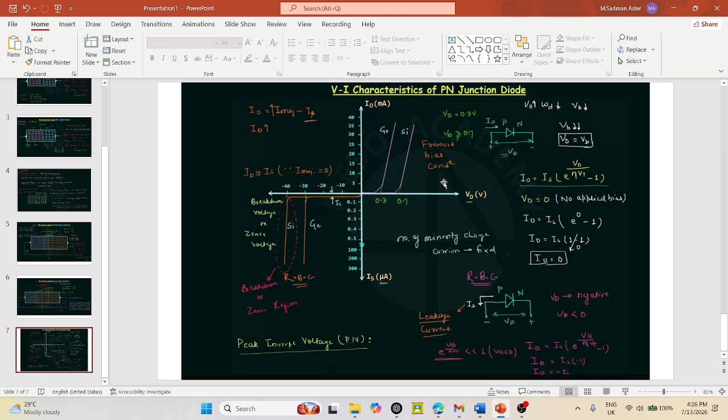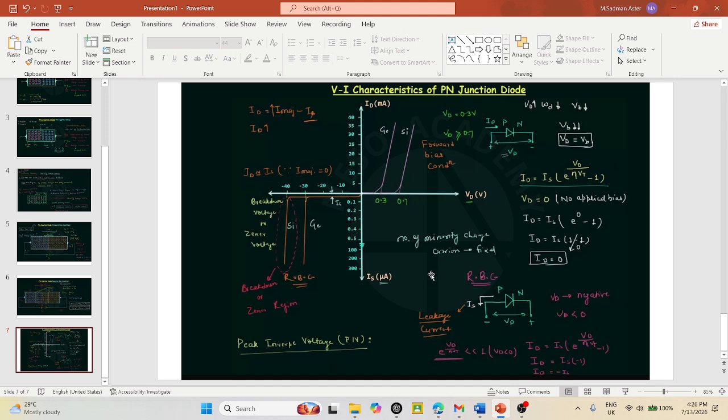This is the case of forward bias condition, and now we will see the case of reverse bias condition. In reverse bias, the P terminal of the diode is connected to the negative terminal of the biasing source, and the N terminal is connected to the positive terminal.